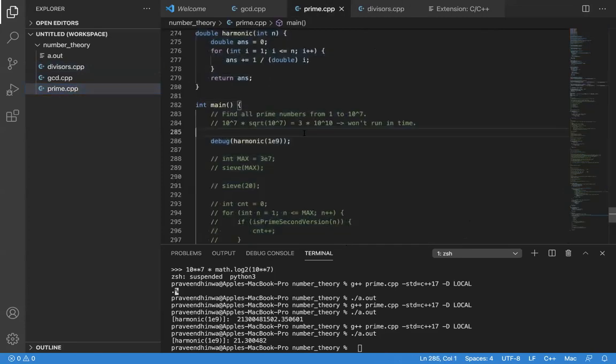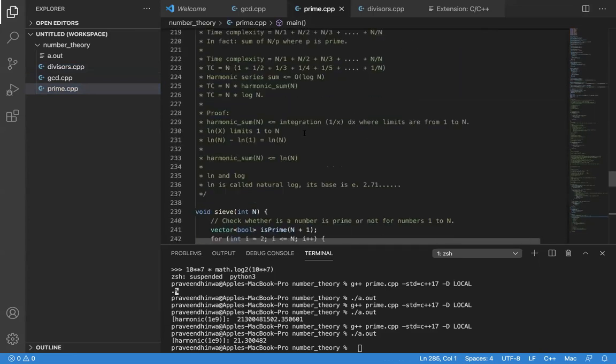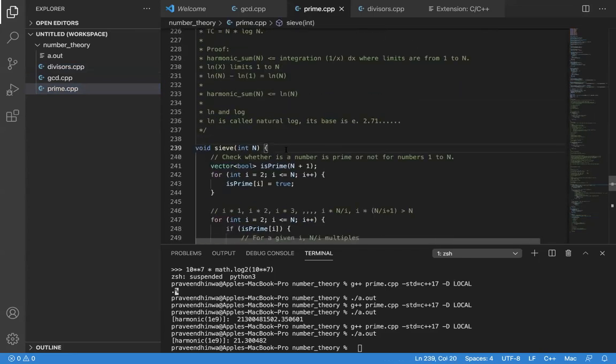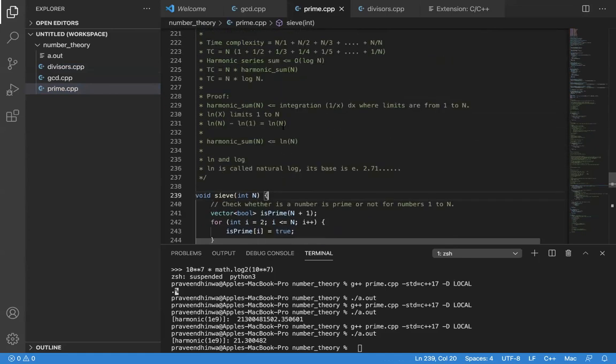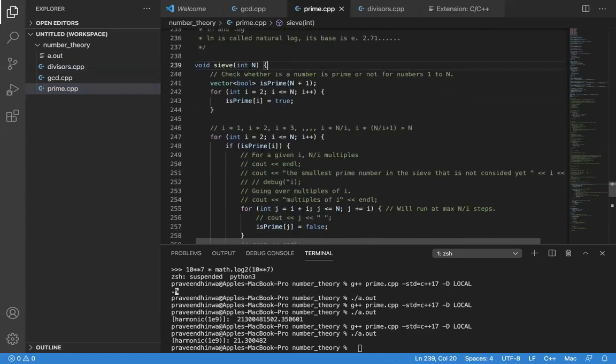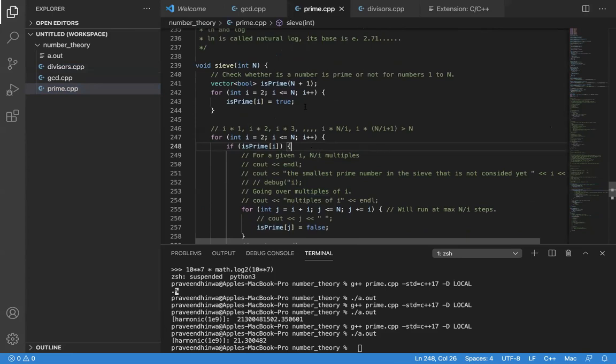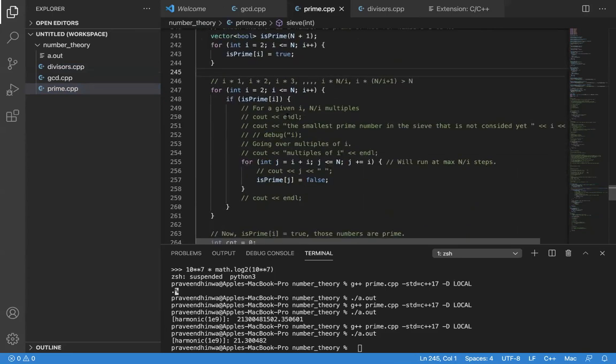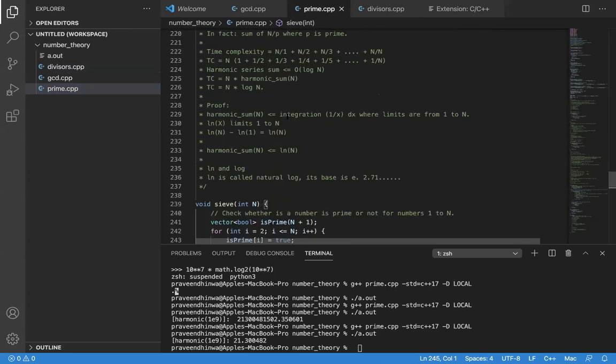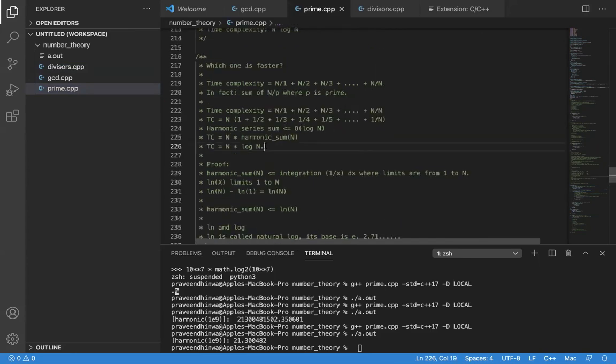Does anyone want me to repeat anything in this prime sieve part? Should I proceed further? If you have any doubts in the proof, at least you should understand how to write this prime sieve. You can see the implementation, and then you should also reason out why its time complexity is n log n. If you cannot, at least remember that its time complexity is n log n.